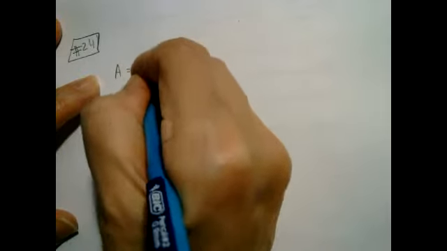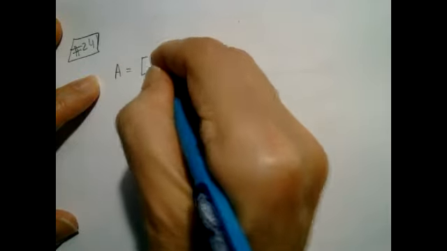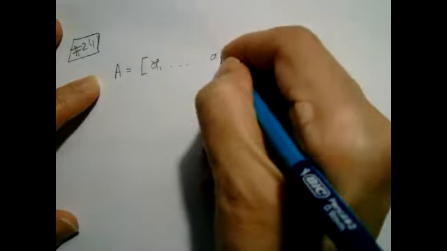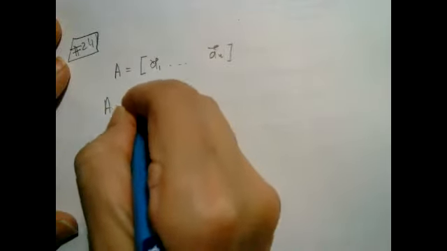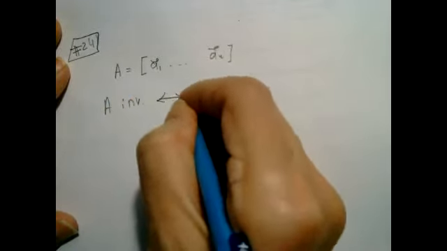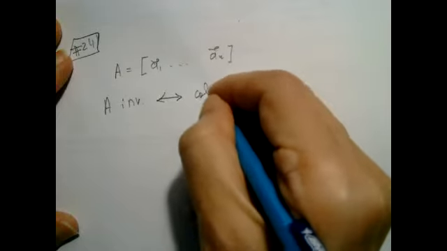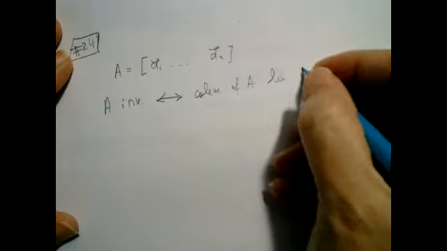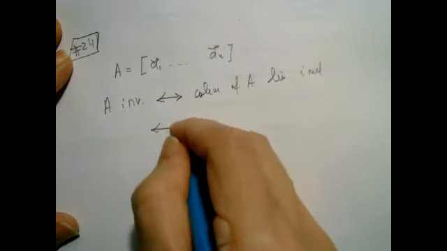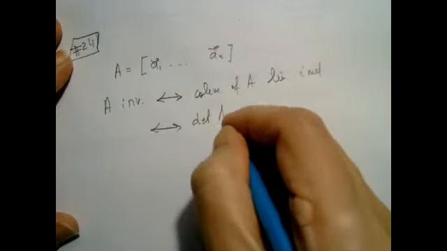Number 24 is based on the following idea. If I have a matrix A with columns A1 through An, then we have the following equivalence: the matrix A is invertible, which is equivalent to saying that the columns of A are linearly independent, which is equivalent to saying the determinant is different from 0.